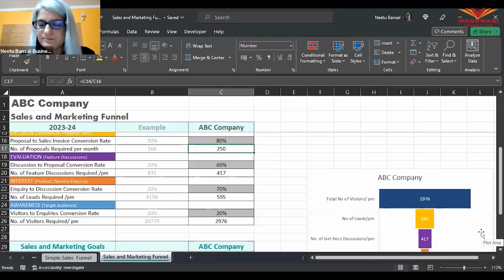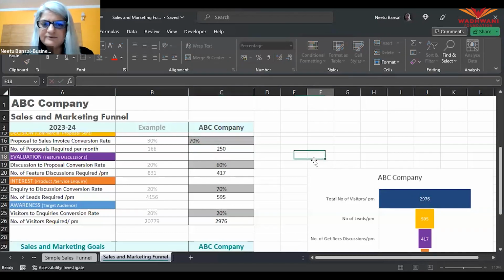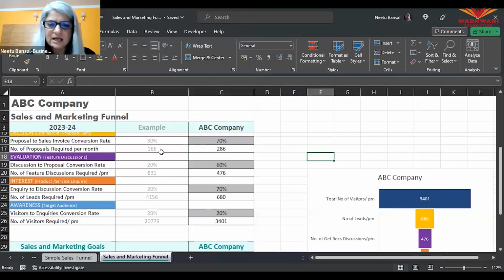Okay, so this way you can go to each stage and see. You may say, you know what, it's impossible for me to improve this further. I think 7 out of 10 is the best that I can do. But at this stage where the customers are evaluating my products, I think this is the place where I can influence them more.